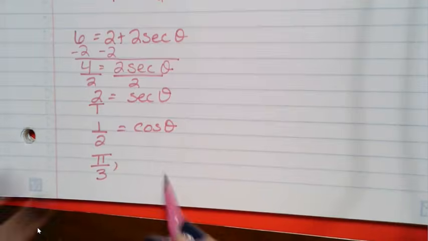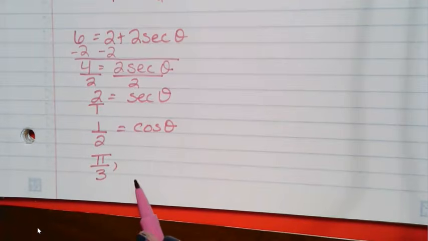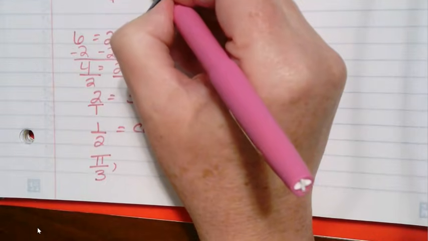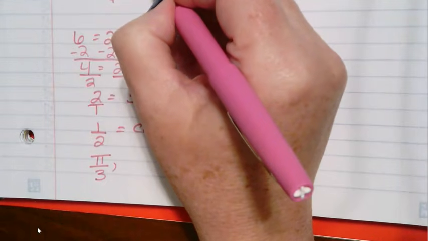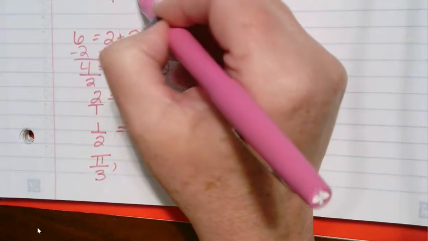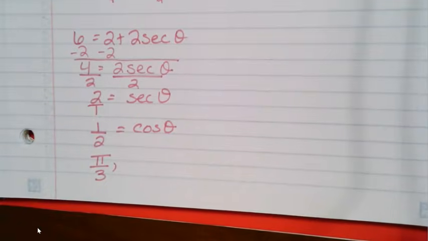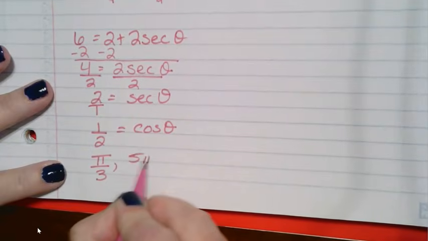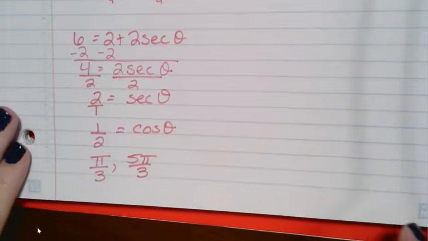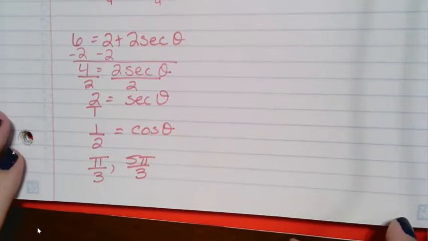And then it's going to happen again at 5 pi over 3. I don't have my unit circle with me, so I'm going old school.